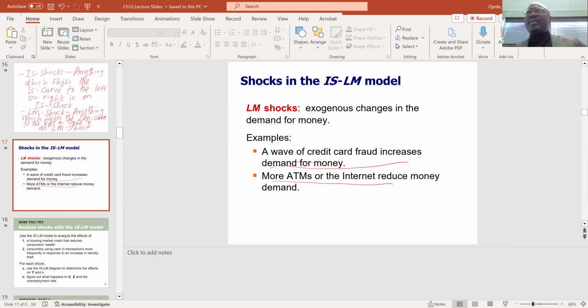You can just withdraw a little, with less inconvenience, because we have ATM machines everywhere. So perhaps you can argue that inventions such as the introduction of ATM machines and debit cards help to reduce money demand, meaning that the money demand curve shifted to the left. That means the LM curve will shift to the right, because it will lead to a lower interest rate.